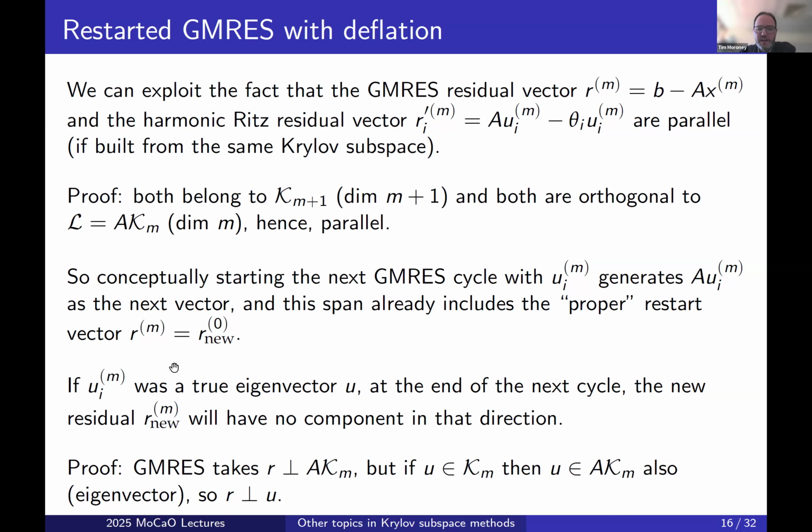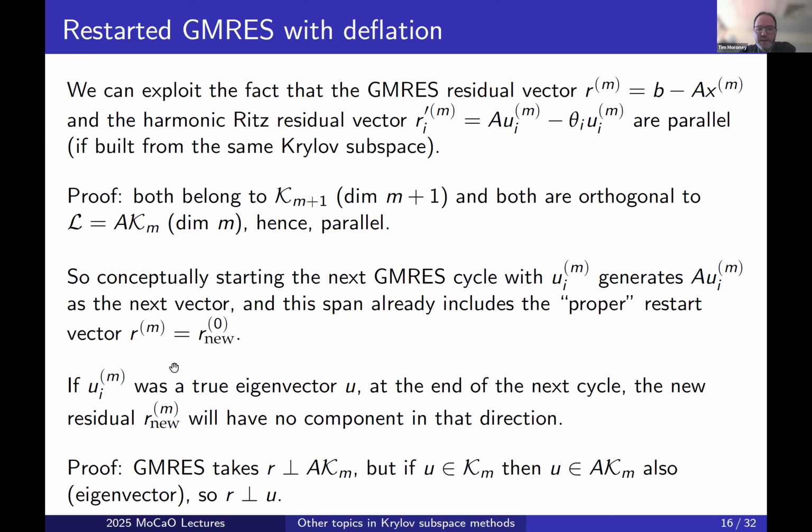Now, if this was a true eigenvector, call it U, then at the end of the next cycle, the new residual, as if by magic, will have no component at all in that direction. Okay, so GMRes will gladly take the opportunity when it can; in fact, it's forced to completely kill off any component of the residual in that direction, because it enforces the residual is orthogonal to AK, right?